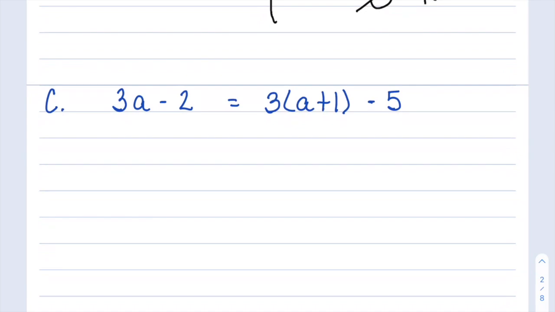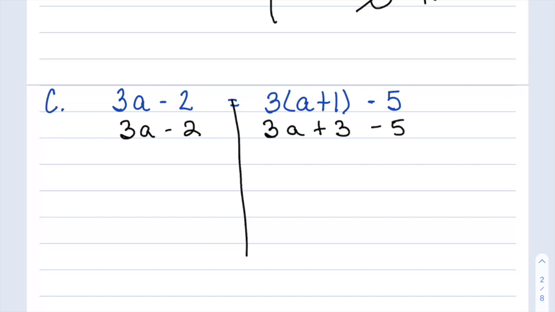All right, the next one that you worked, C. Both sides. Can't do anything on this side. When we get to here, we should see that they're identical. This is identical here.